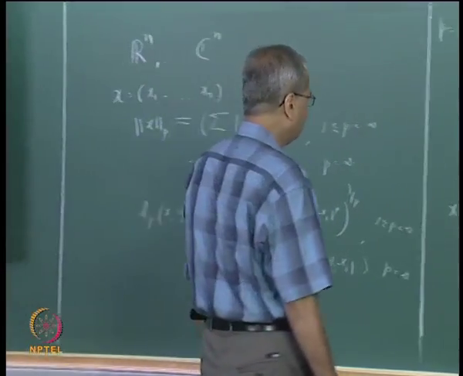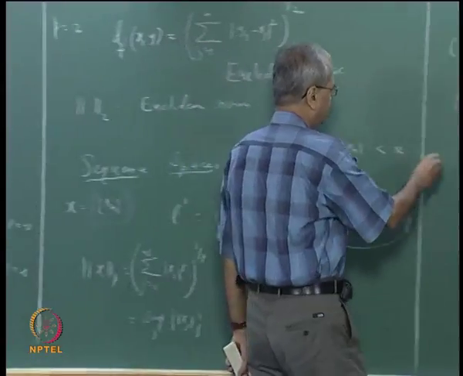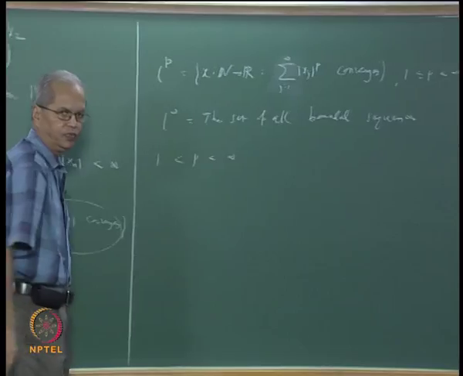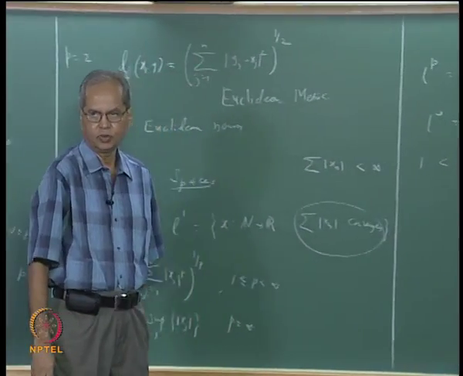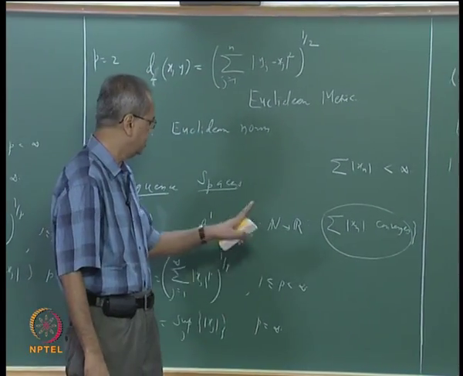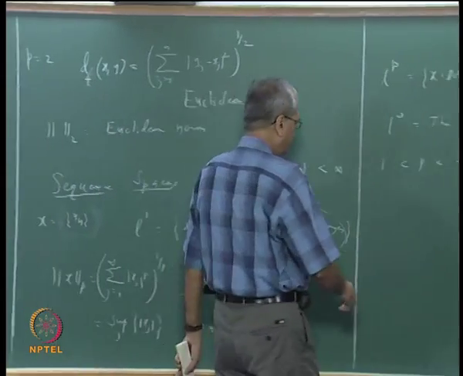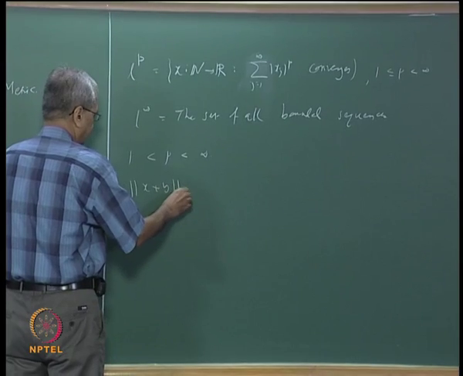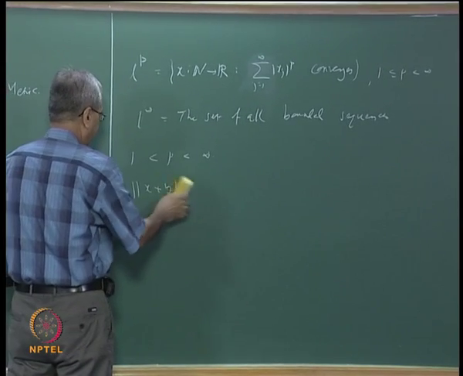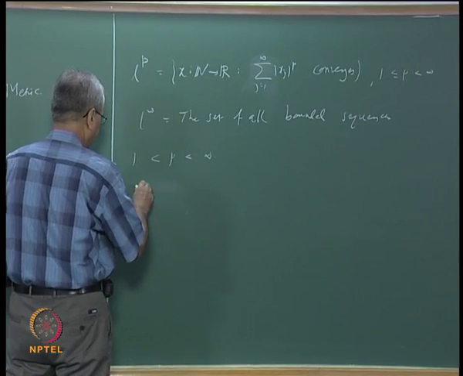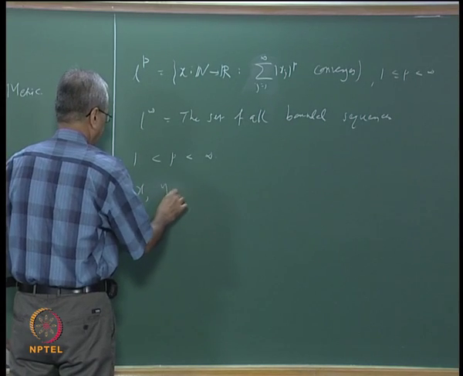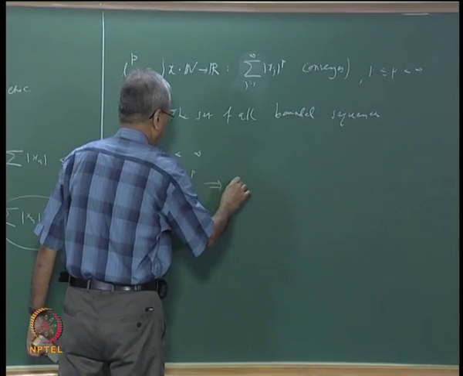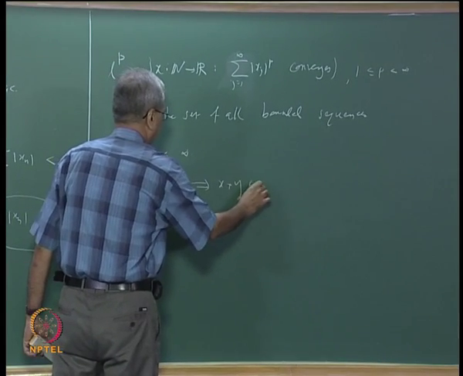So let us just look at this particular case, 1 less than p less than infinity. Now to show that this is a norm, what is required to be shown? We will have to show, first, that x and y belong to LP, and from that, that x plus y also belongs to LP.